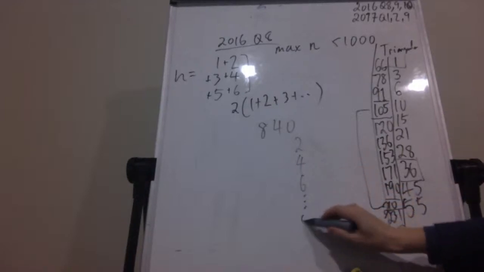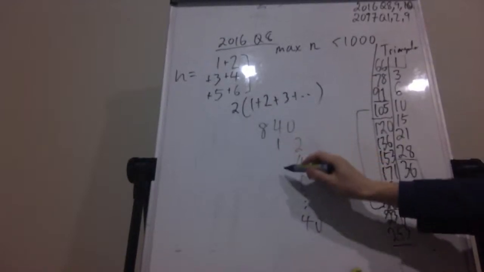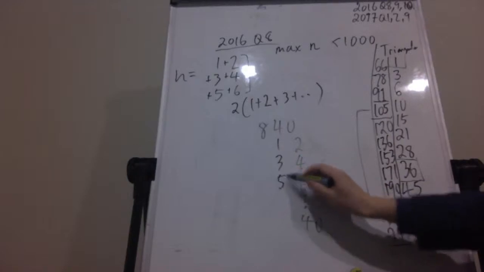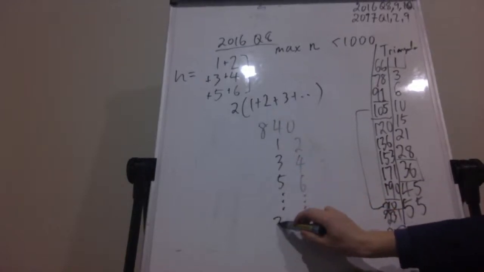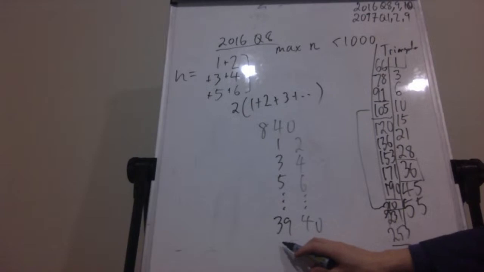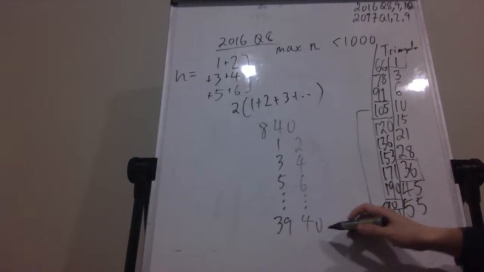All we have to do is find the 40, and then it's 1, 3, ... 39, and the rest has to be one less than 40. Yes, it's 20.